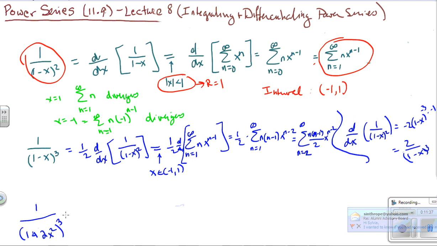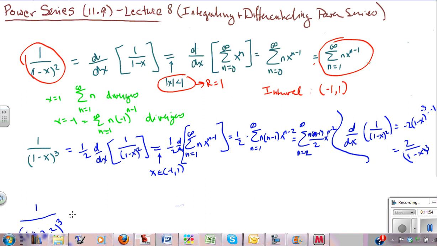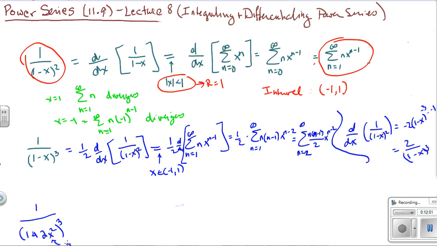Now this is a lot harder to recognize as the derivative of something, but if you recognize this as related to this one we just did, we can think of this x as equal to minus 2x squared, right? So I'm replacing that x with minus 2x squared. That's going to be the same as what I just got here.